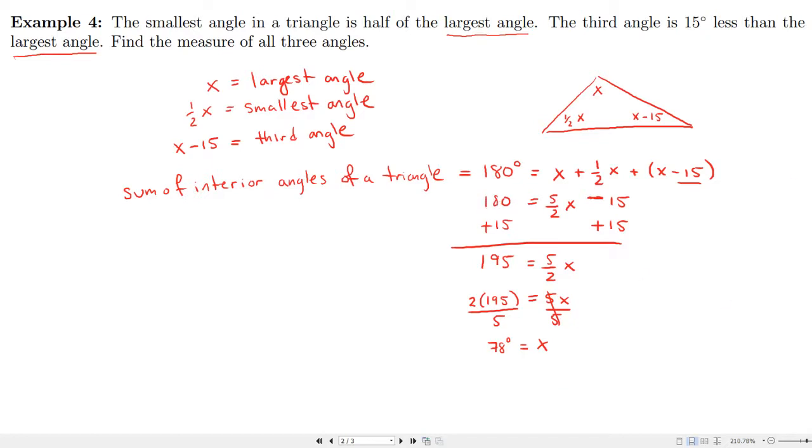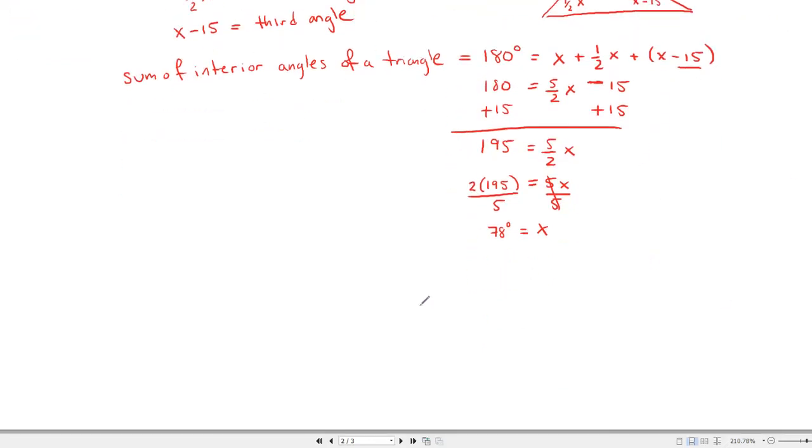Let me get a little more space here. So what do we have? The largest angle is 78 degrees. The smallest angle is half of this, so half of 78 degrees.